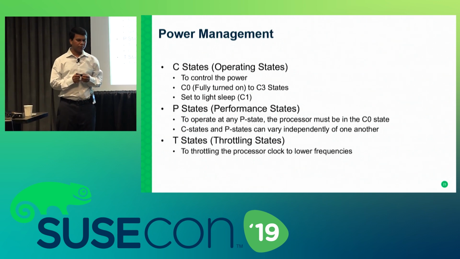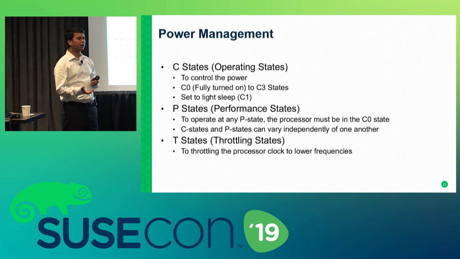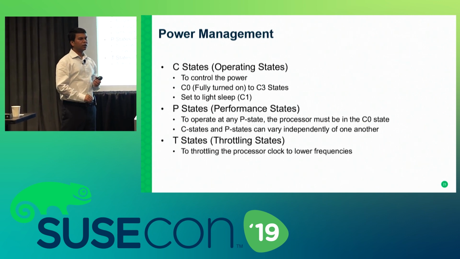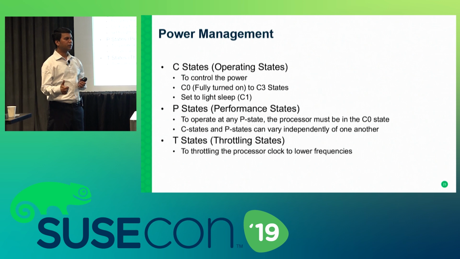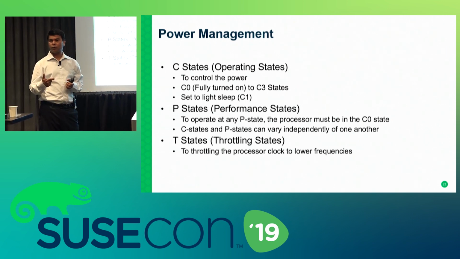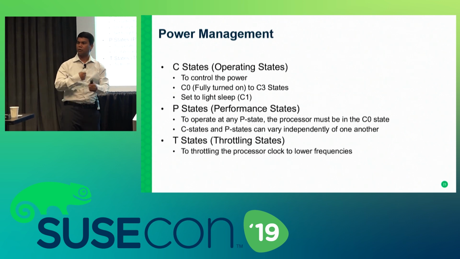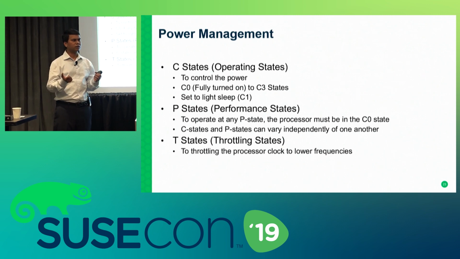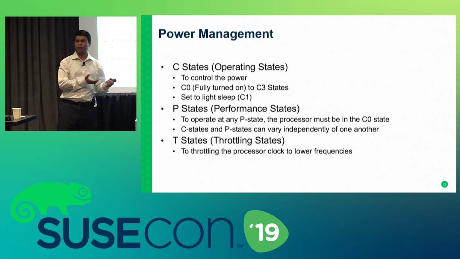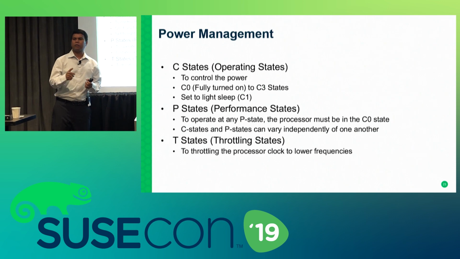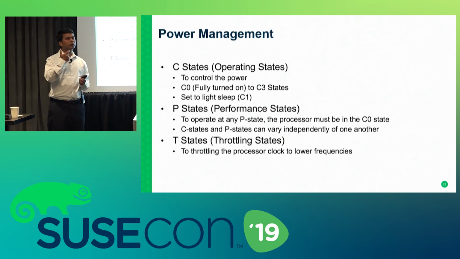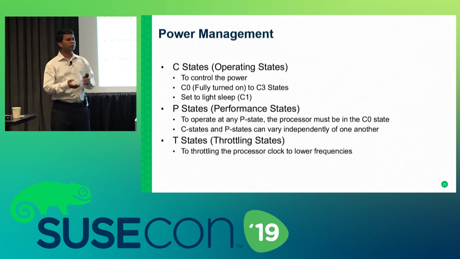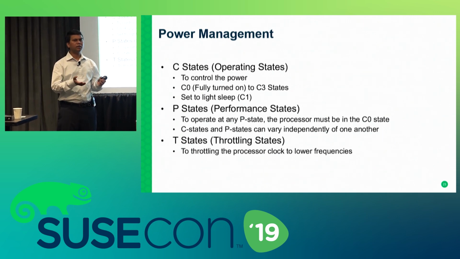So what is the C state? When you run any data center, or even a specific server, you know that the number one cost is the power, and your power will be consumed more if your CPU is processing. You all know that not necessarily all the time the CPU is processing. Sometimes it does not have any work to do, right? So that means the CPU is idling. Now what you could also do at the operating system level is, when the CPU is idle, give it a rest so that I save power.